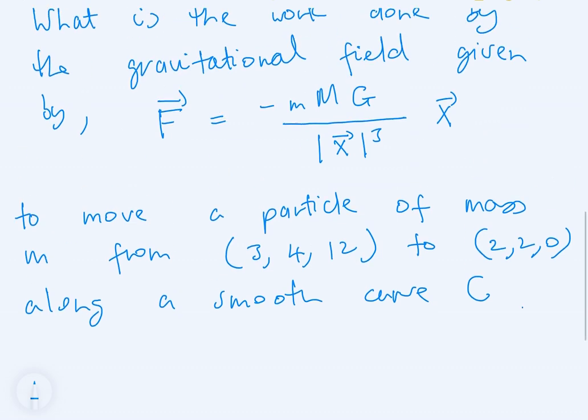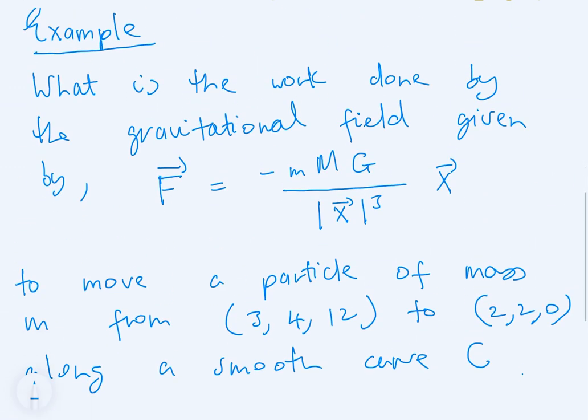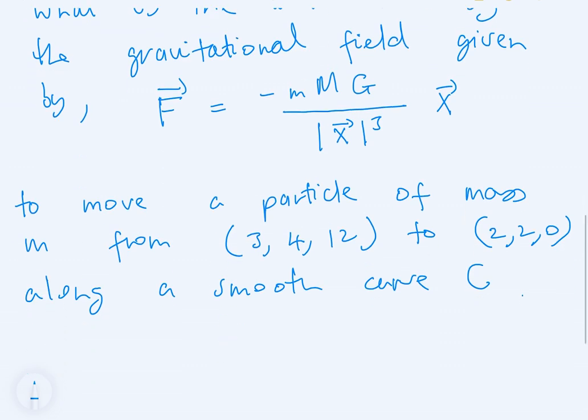So that is basically what the example is saying. What is the work done by the gravitational field given by F equal to this to move a particle of mass m from this spatial point to this spatial point along the smooth curve C.